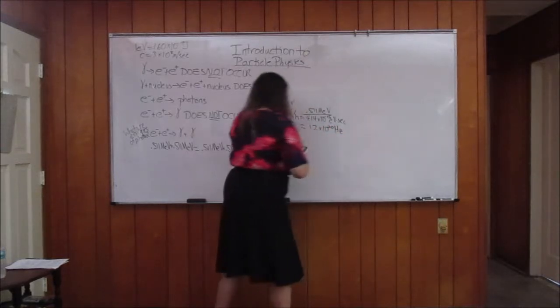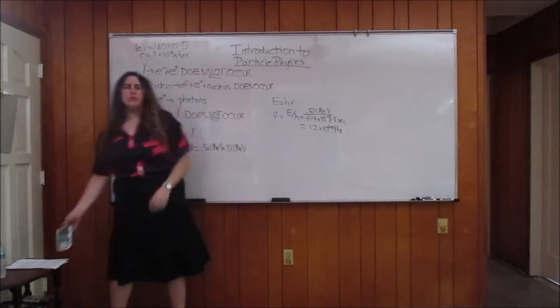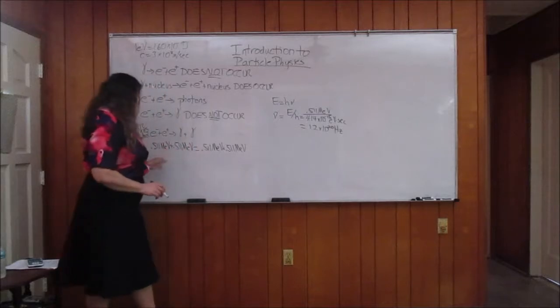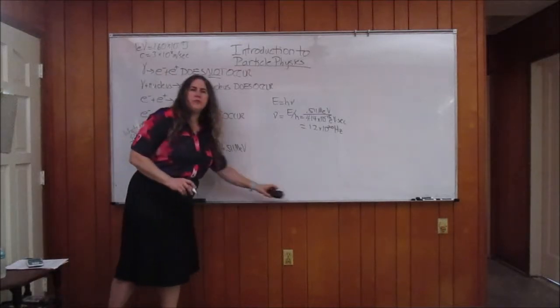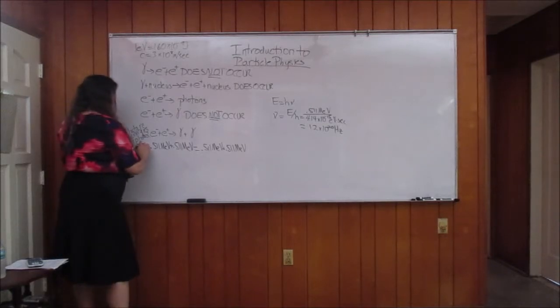And we wind up with an answer of 1.2 times 10 to the 20th hertz. Now let's suppose they don't have negligible kinetic energy. Let's suppose that each of the electron and positron have kinetic energies 2 mega electron volts.